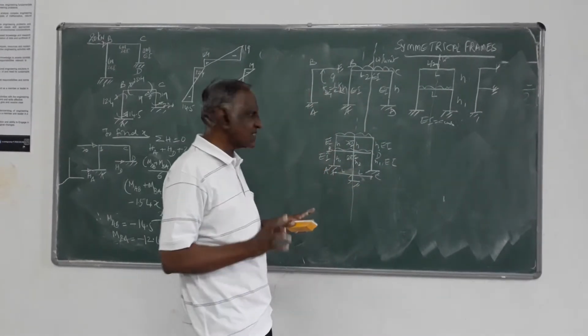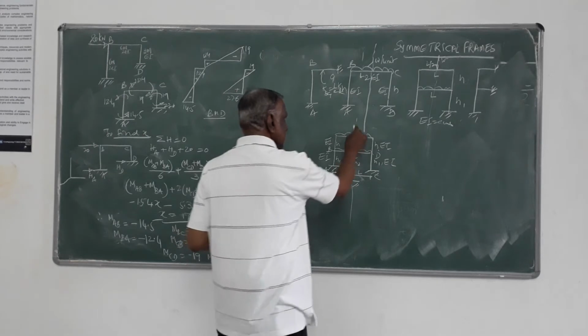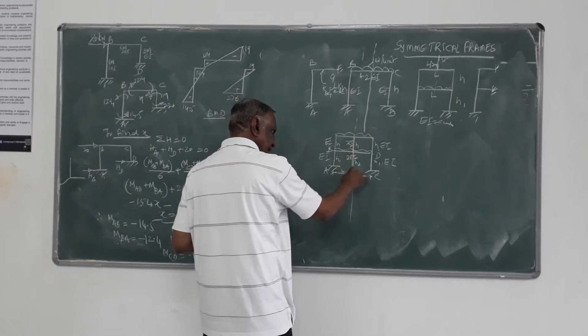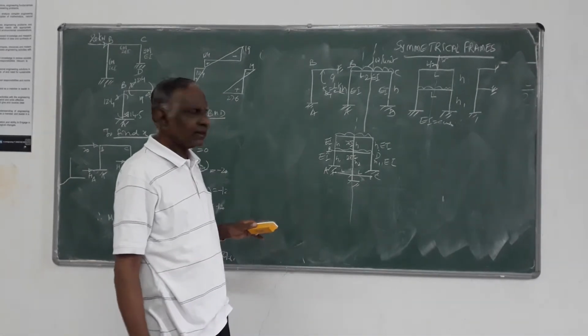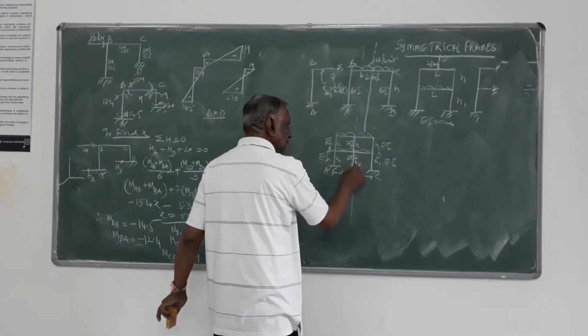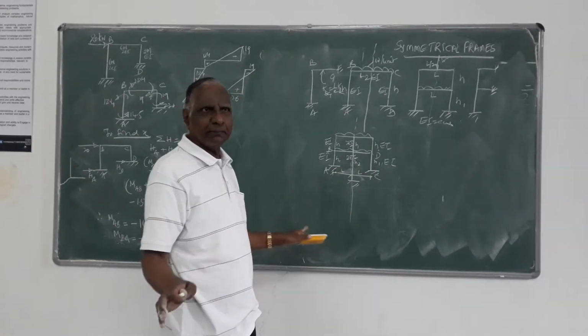That's non-sway analysis only. Here of course the symmetric line passes through this center column, right? Whenever it passes through the central column, this central column is not subjected to any movement.